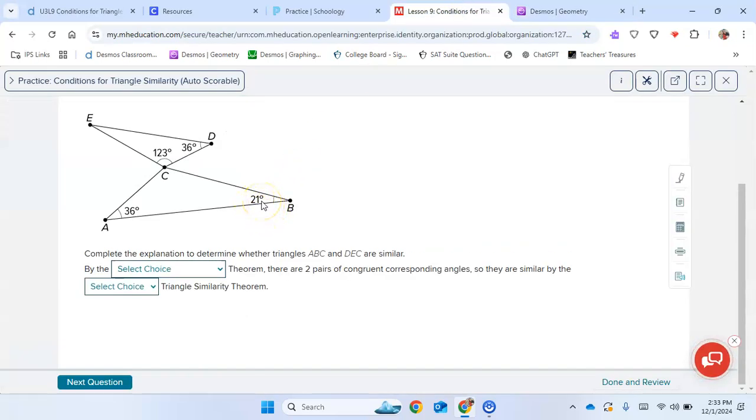So it's by the triangle sum theorem. By the triangle angle sum theorem, there are two pairs of congruent corresponding angles, so they are similar by the blank triangle similarity theorem. Angle, angle. If two angles of one triangle are the same as two angles of another triangle, then they are similar. Angle, angle.